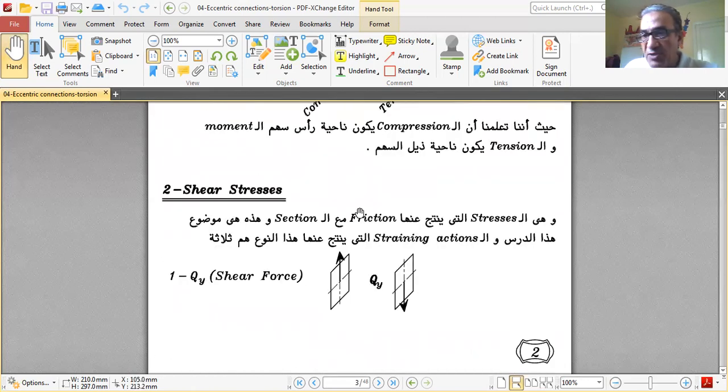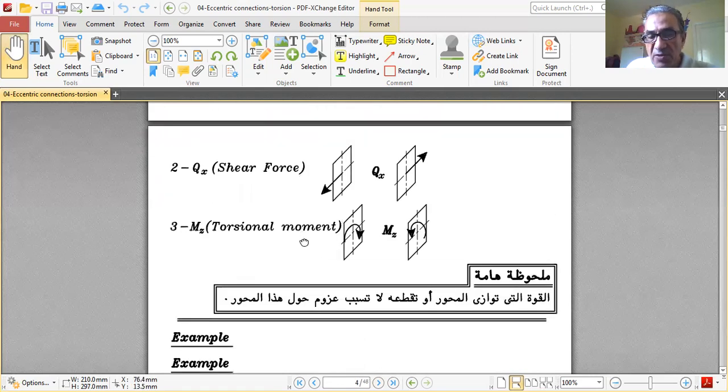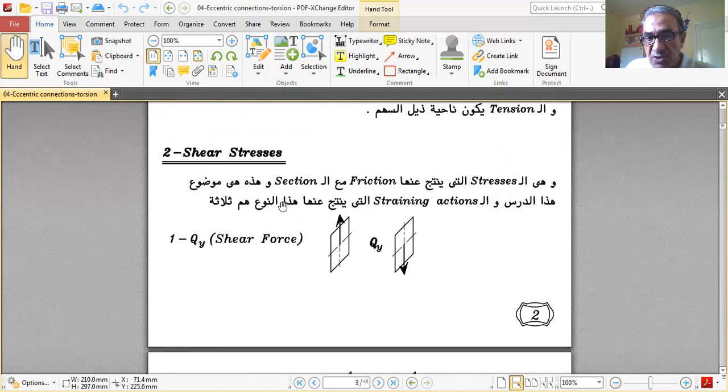The other type of stresses are shear stresses, and they are produced by one or a combination of the following: Qy, Qx, and Mz. Shear stresses are generated due to friction with the section, so the forces are parallel to the section.